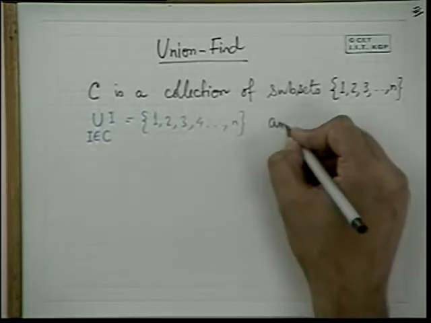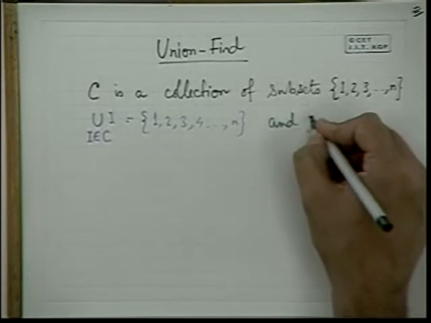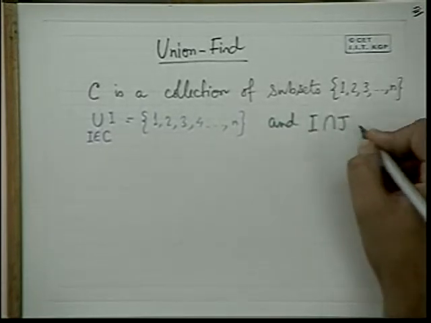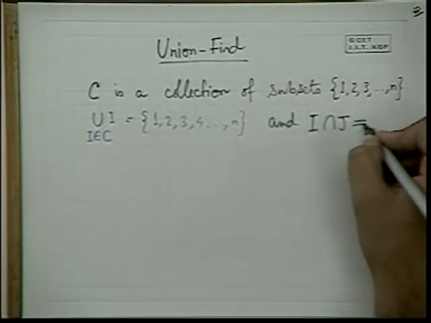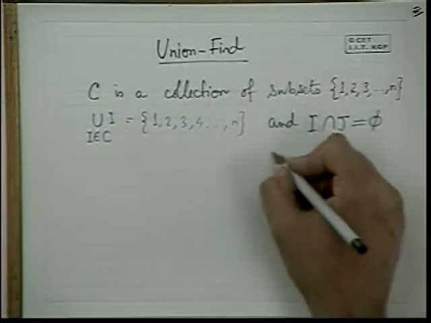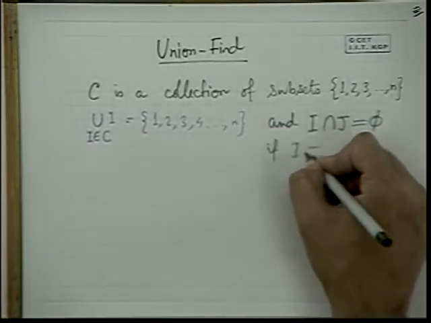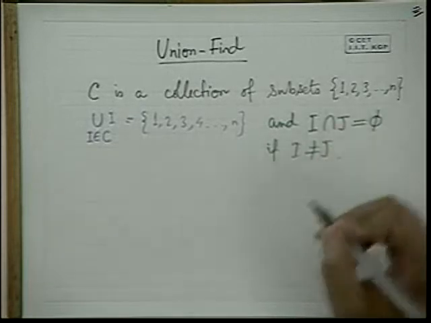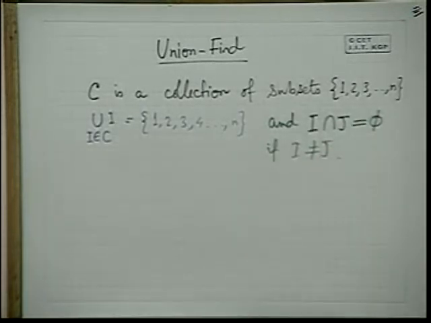And as I told you, the two sets I and j, if they are different, their intersection must be empty. If I not equal to j, then the intersection must be empty.